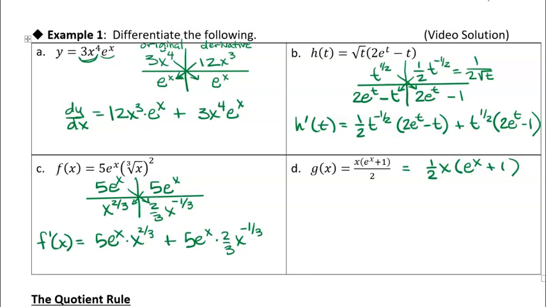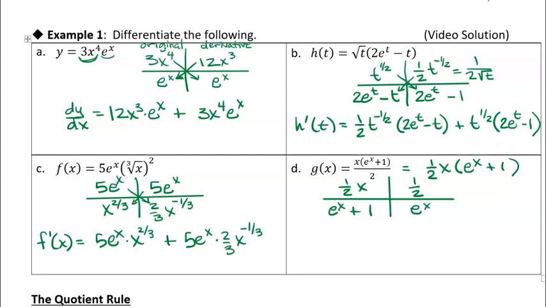So again, I'll use the box method. Once you get the hang of it, you may not need the box, but it's helpful at first. Okay. So my two functions are 1/2 x, and the other function is e to the x plus 1. All right. Take the derivative of each one of these functions, and I get 1/2, and then e to the x, right?